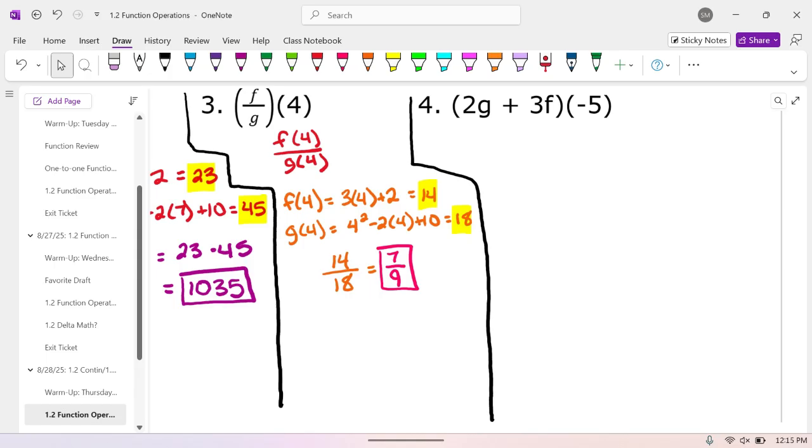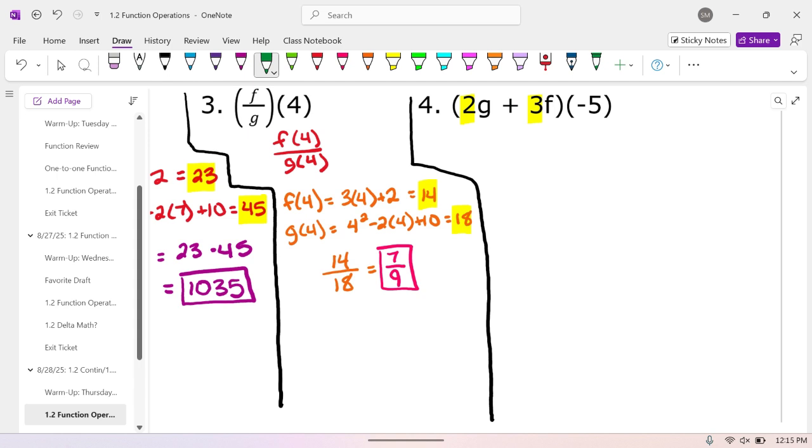We've got to deal with those scalars as well. Basically, we have to find 2g of -5 and 3f of -5. So we have to end up multiplying them by 2 and 3 later, and then add them.